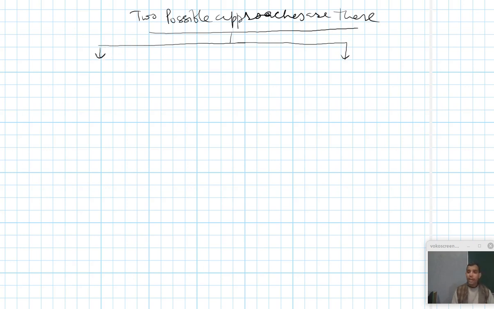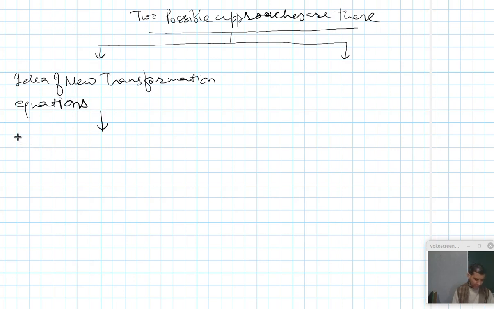So there's the idea of new transformation equations. And these new transformations are known as Lorentz transformations. Right.